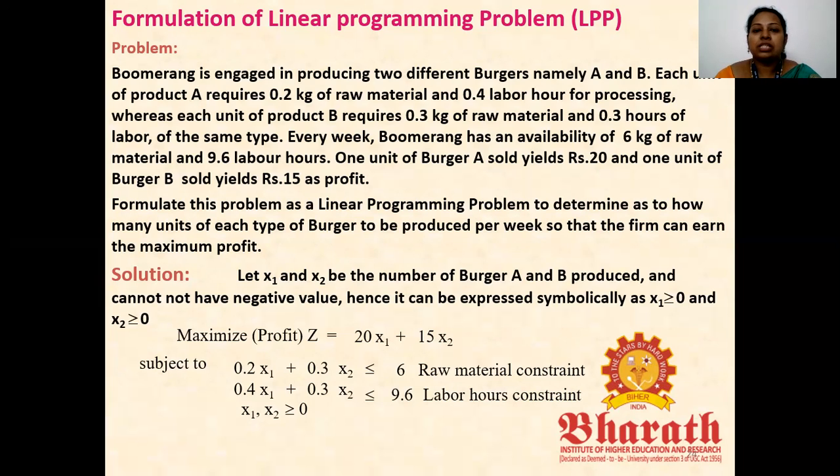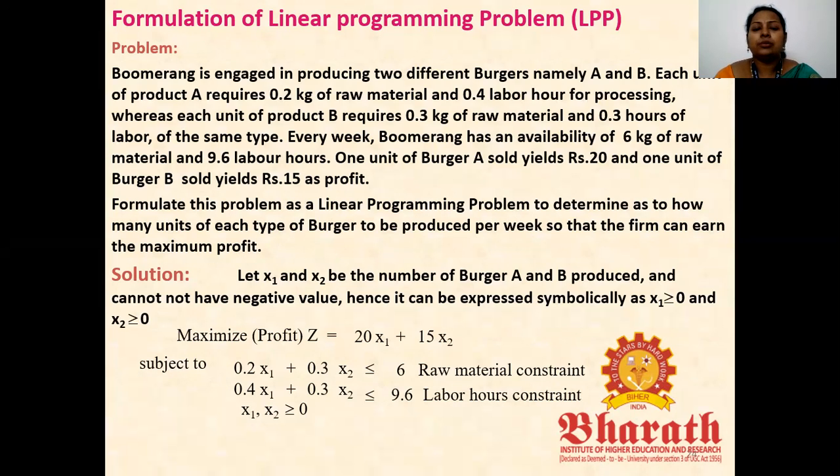We can assume these two decision variables are non-negative. They are only positive variables. Therefore, X1 is greater than or equal to 0 and X2 is also greater than or equal to 0.